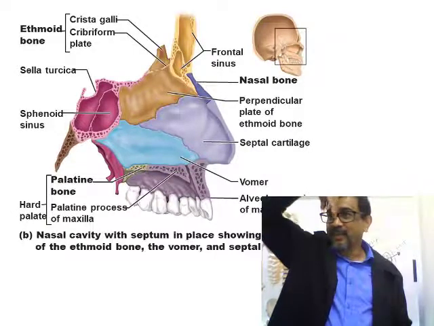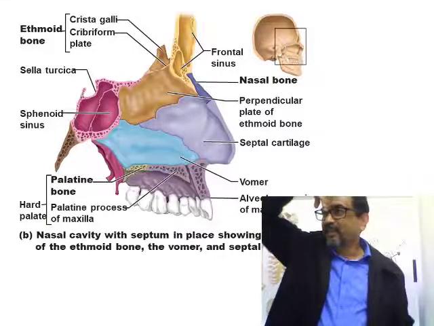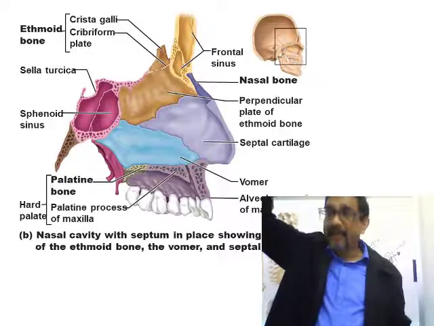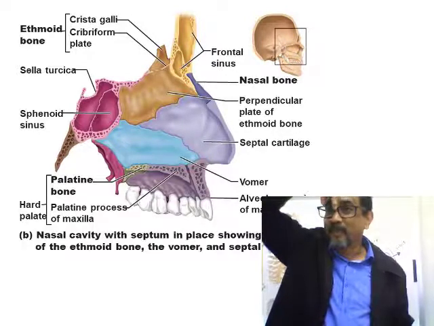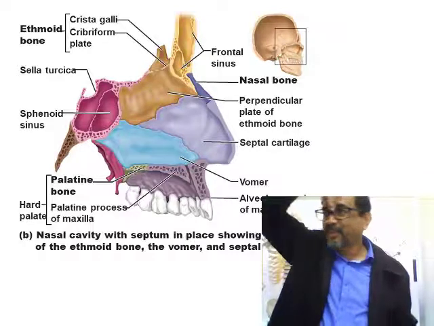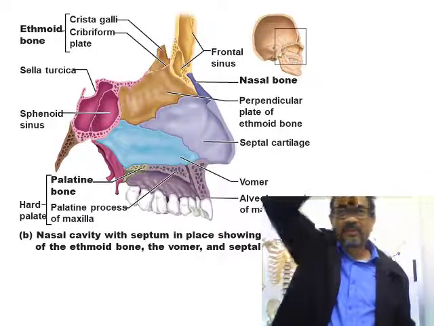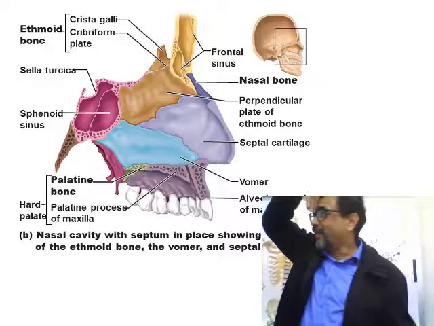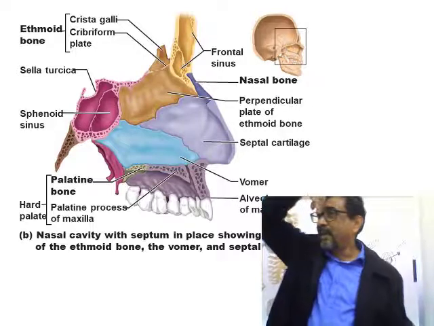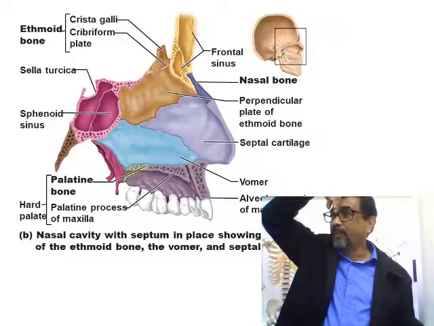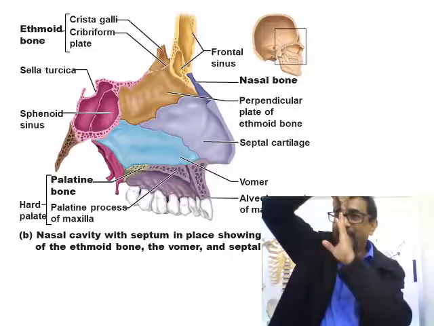Goes inside the nasal cavity and forms. The name is perpendicular plate of ethmoid, and it forms the nasal septum. You remember, the partition that divides two halves, and that is coming from above and forms the upper bony part of nasal septum, and vomer is below.